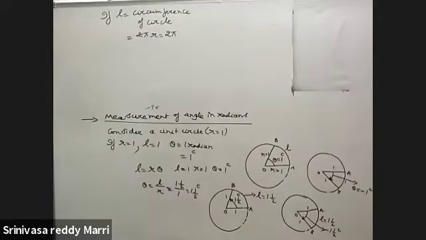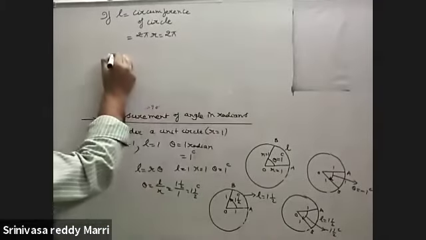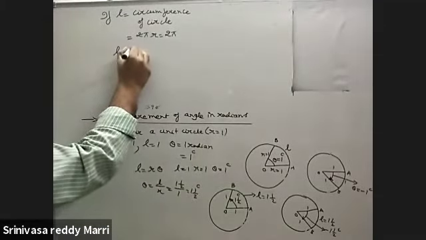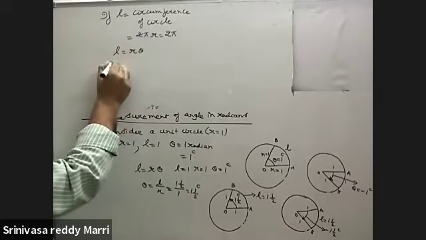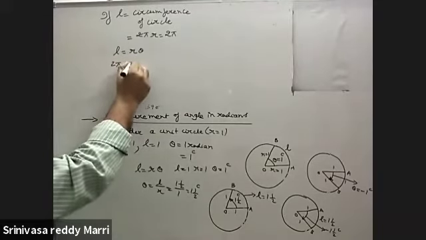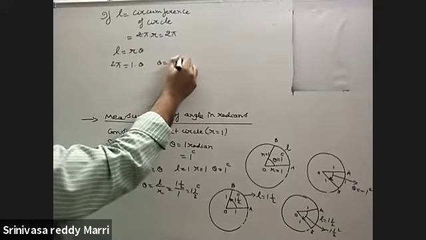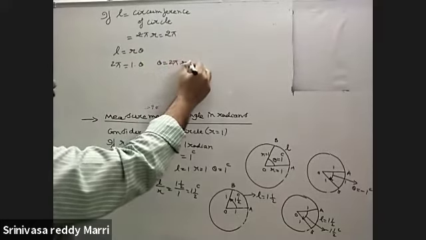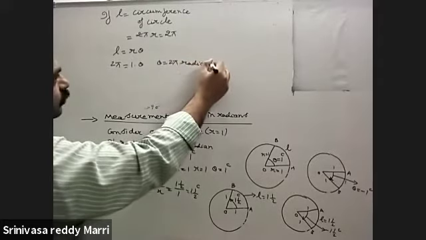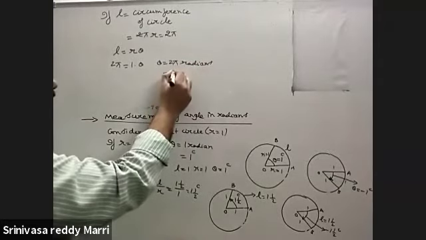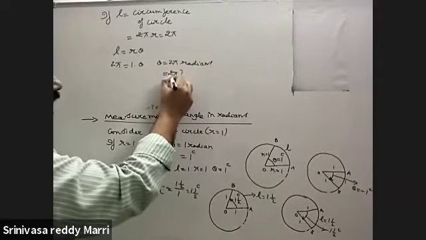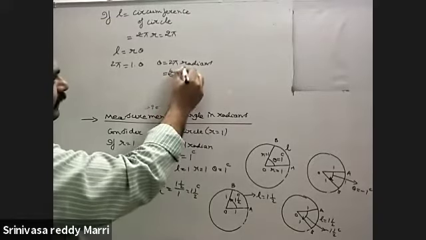L will be 2 pi into 1, because that is a unit circle. Now use L equal to R theta. L is 2 pi and R is 1. What you got? Theta equals 2 pi radians. We will indicate it like this, 2 pi radians.